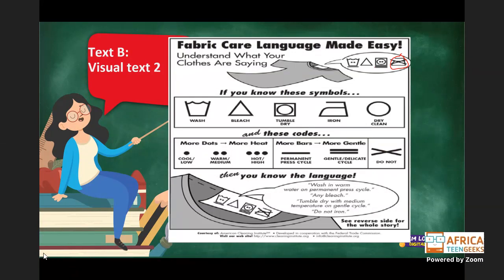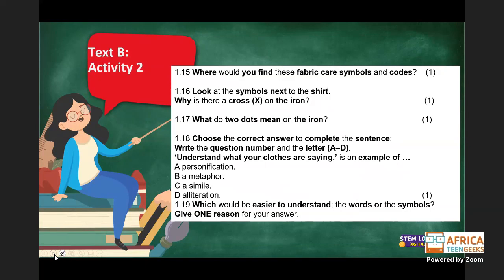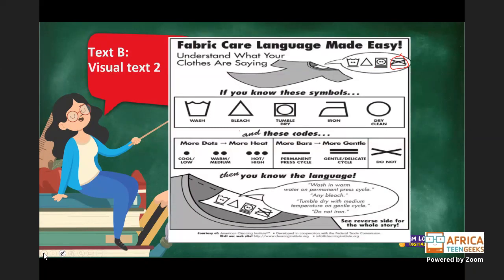Thank you. Let's move on to the next question. Right, let's continue. 1.17. What do two dots mean on the iron? We'll go back quickly.